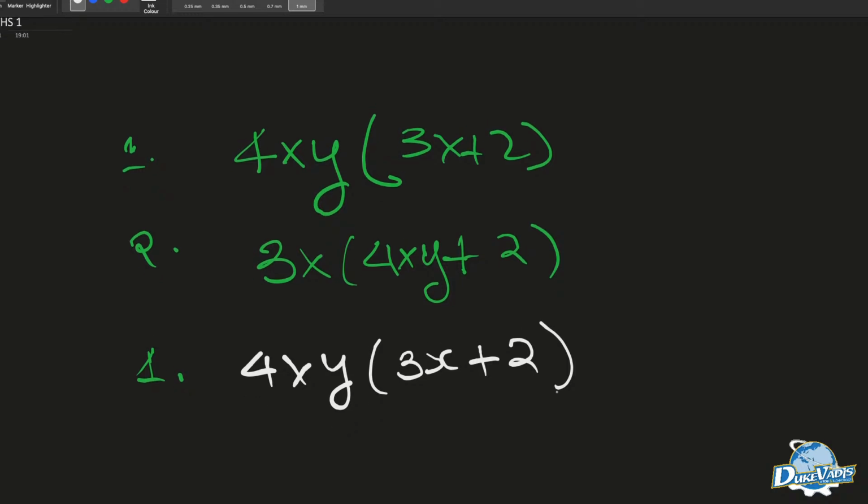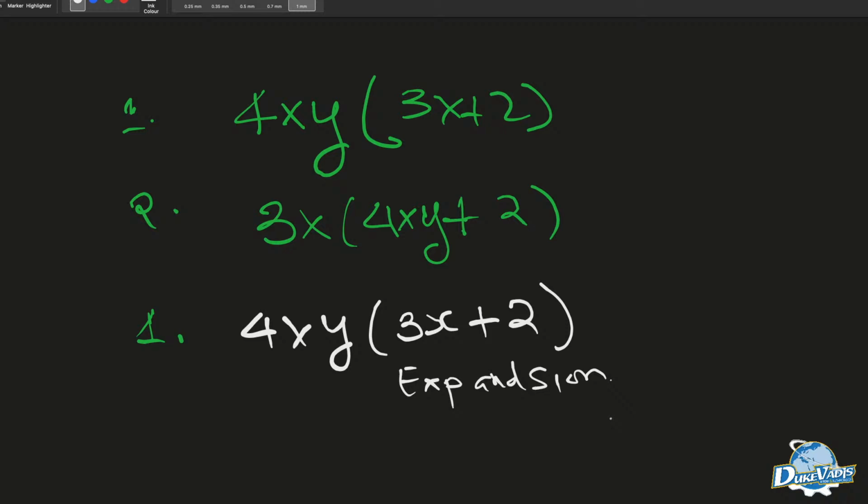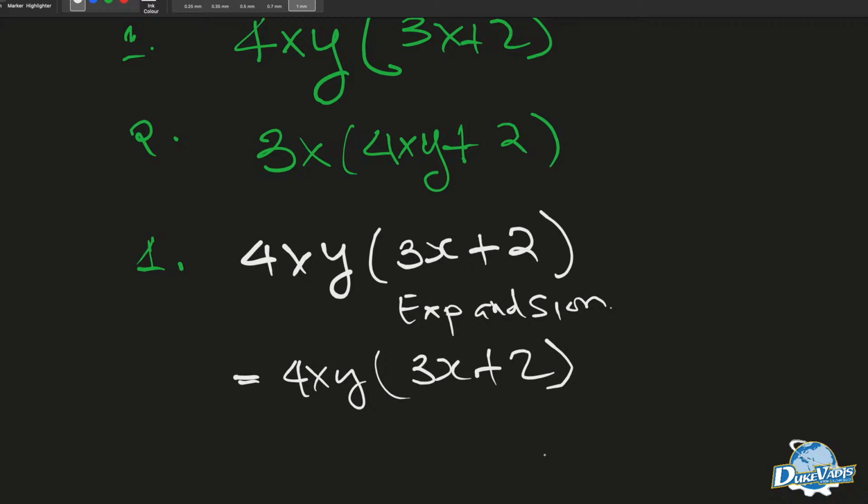The first thing we have to do is expansion. So this is our expansion. All what we have seen is 4xy into bracket 3x plus 2. So we have 4xy out.